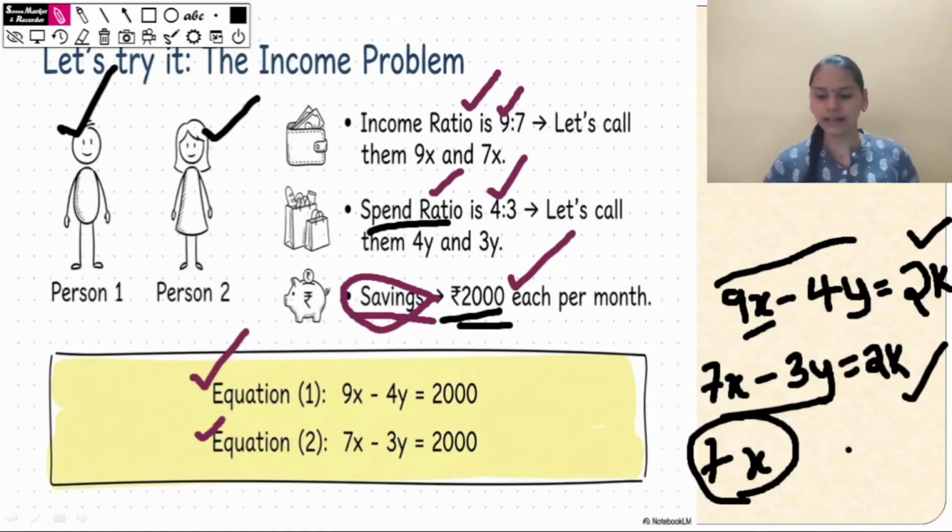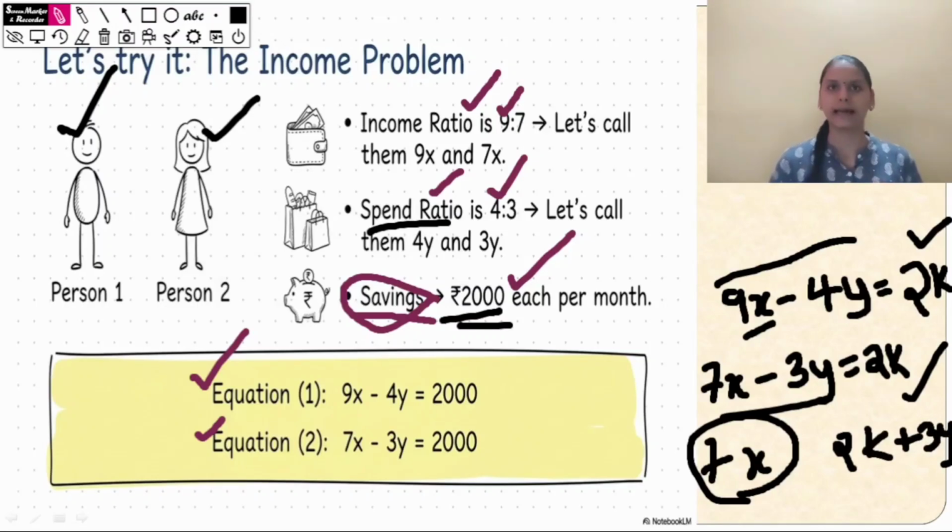Now, if you think about her savings plus what she spends, for example, think that your father gave you 20 rupees.